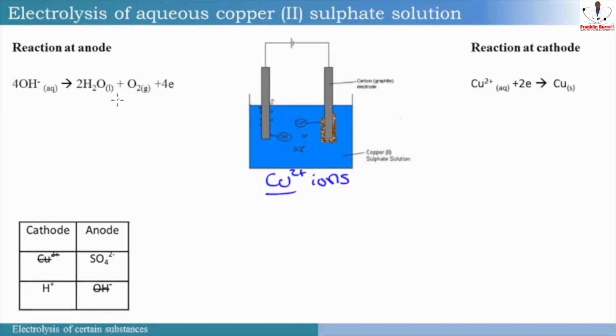So you should observe effervescence at the anode. The long side of the battery is the positive side, which is the anode. The short side is the negative side, which is the cathode. So on this side we have the cathode, and on this side we have the anode. The gas coming off at the anode is oxygen gas, and we can test for that shortly.